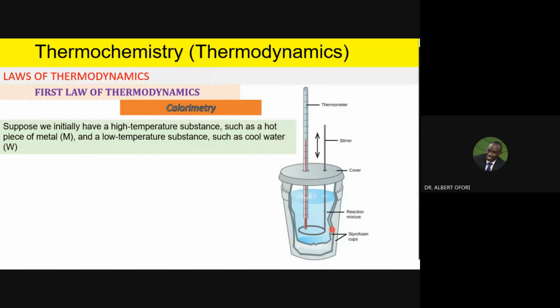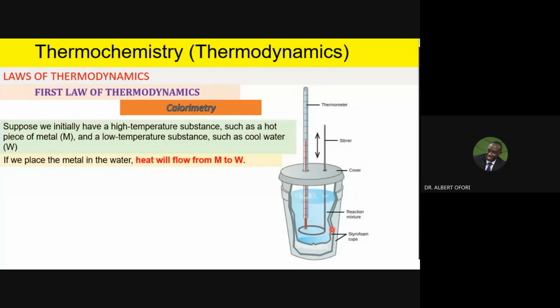So we can know the initial temperature of water to be, say, W. And now once we drop in the hot metal, the temperature of the water is going to be increasing. So it will change from, say, W1 to W2.